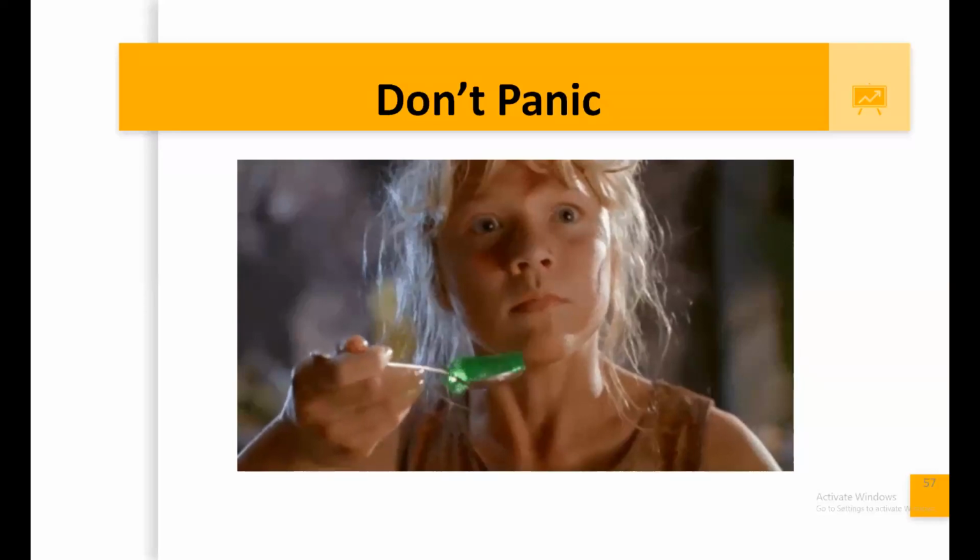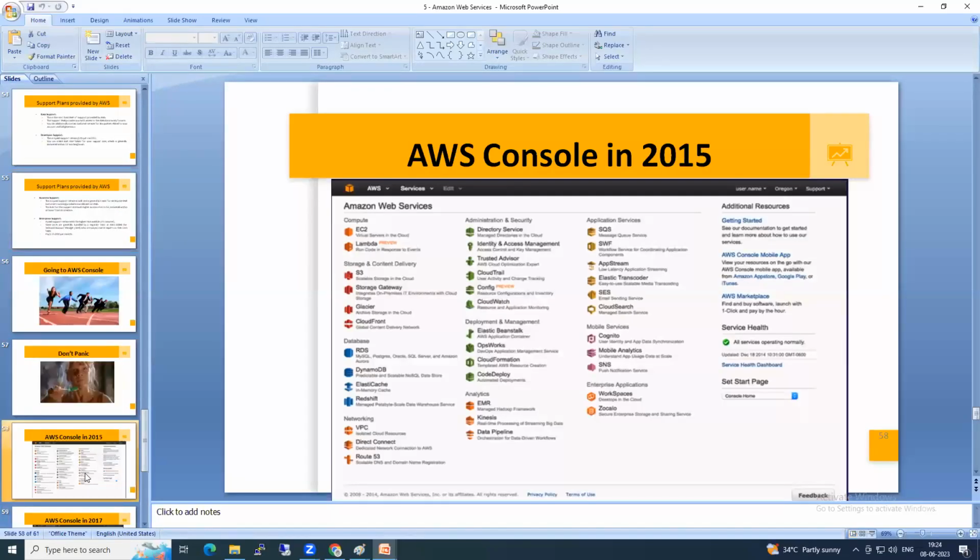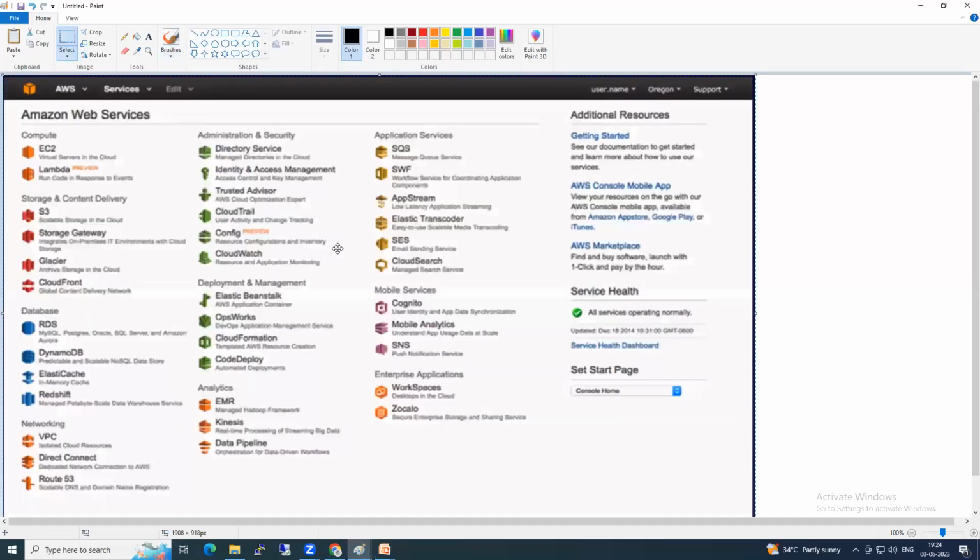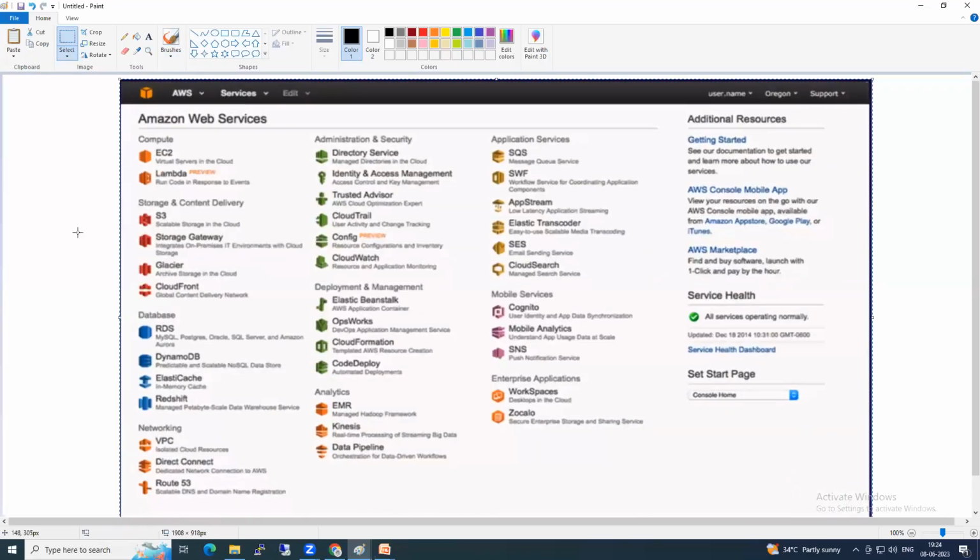Why did I put this slide saying not to panic? Congratulations to your eyes, you are seeing the first console of AWS. This is how it looked in our starting days, when I was new and AWS was new. Now tell me, what services do we know till now?